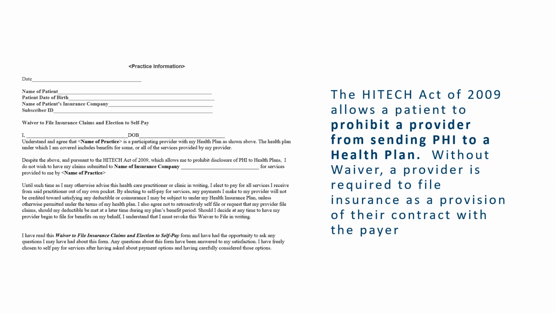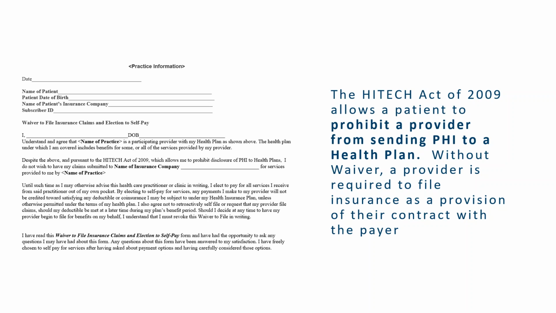If the patient signs the waiver, they have no recourse to go back and file at a later time. So the patient needs to be aware of that, and you have to explain that very clearly to the patient so that they do not try to file those claims after the fact, by revoking the waiver and then saying, oh, well, I'm just going to try and file these claims on my own to get some money back from the insurance company.